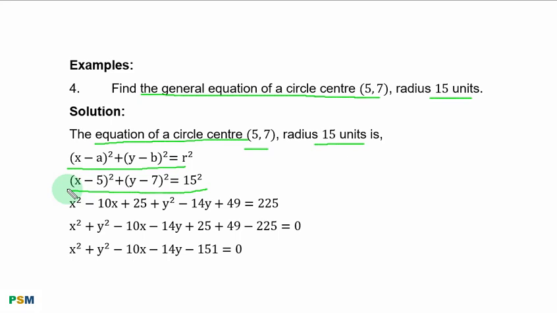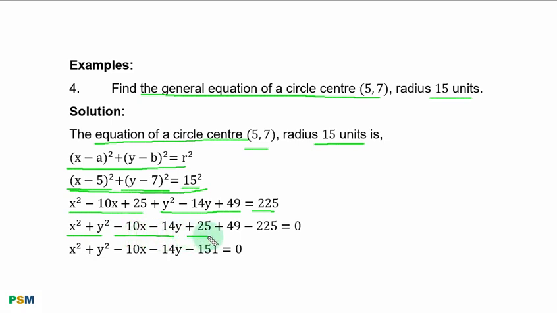When you expand this term, you have this result. Expand this term, you have this result, equal to 15 squared, which is 225. If we rearrange the results, you have x^2 + y^2, followed by the terms containing x and y.